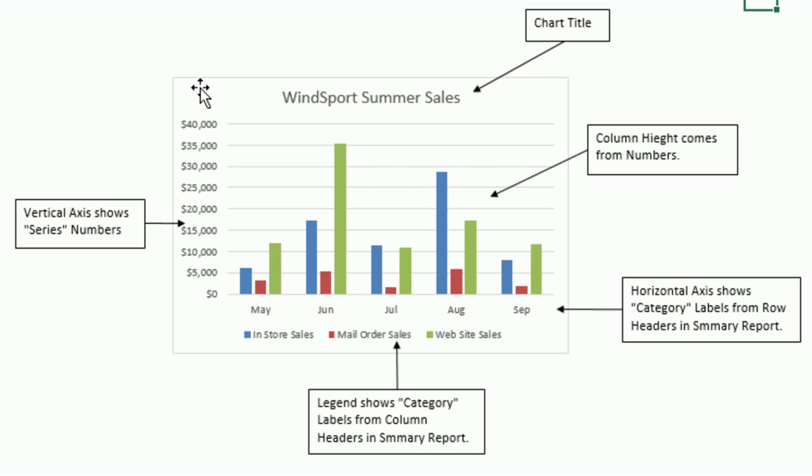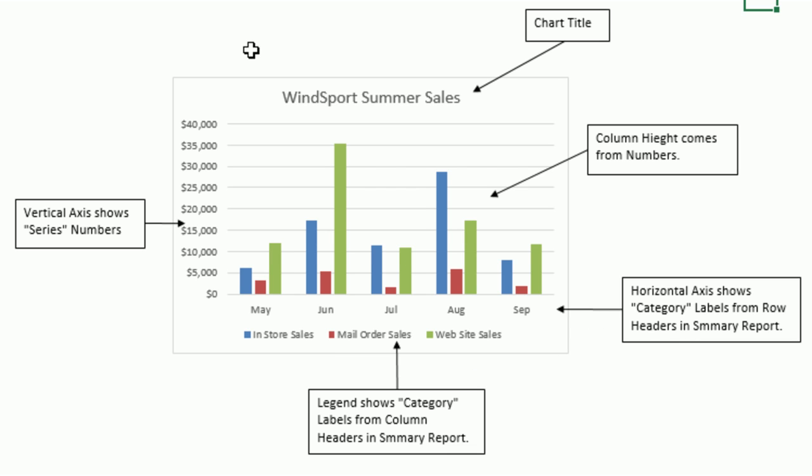In this case, we have numbers on the vertical axis. The numbers, both here and the heights of the columns, are going to be called series. So you got to take note of that. The numbers are series. This horizontal axis, and even these items in the legend here, these are categories.